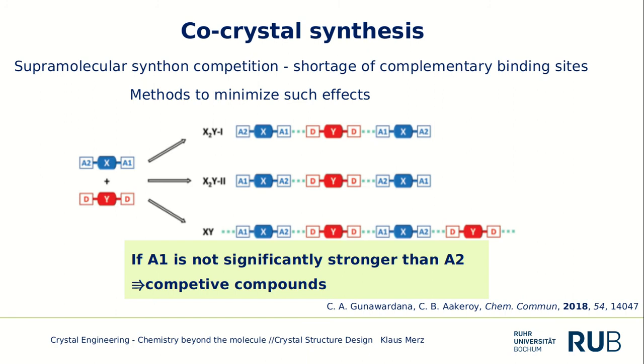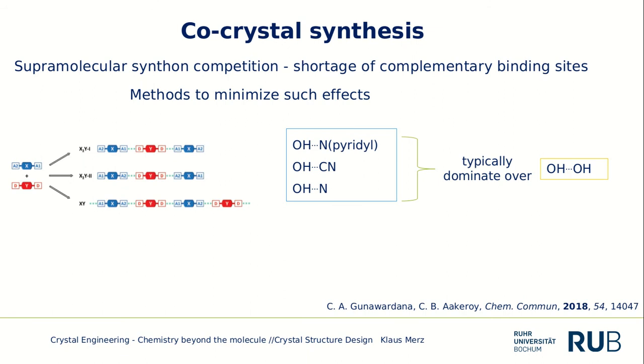So in practice, for example, very often you can see such intermolecular interaction of a hydroxy group with an aromatic nitrogen center, or a hydroxy with a cyano group; hydroxy with N always dominates over hydroxy.